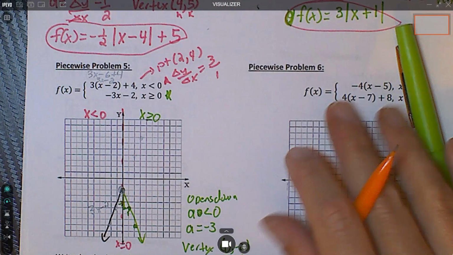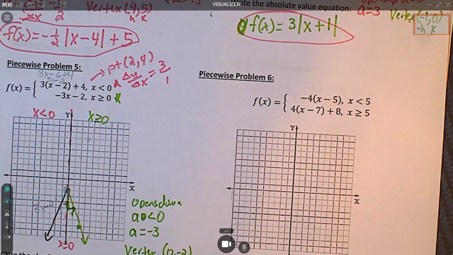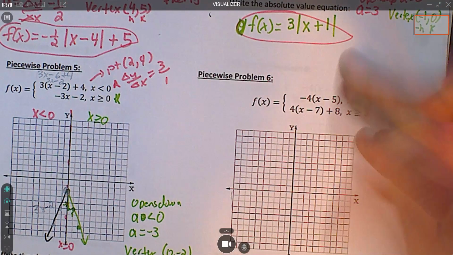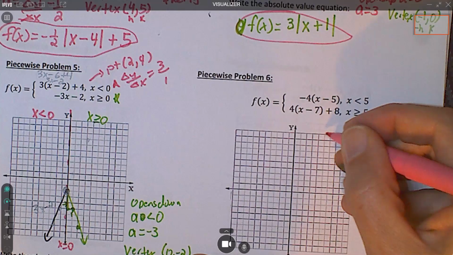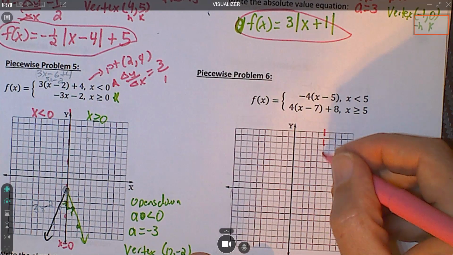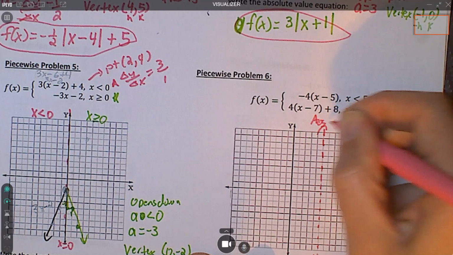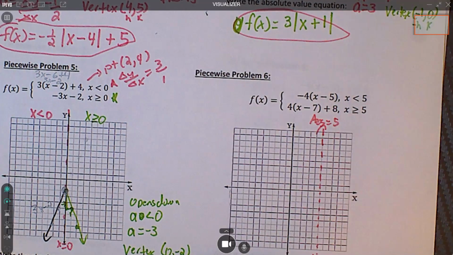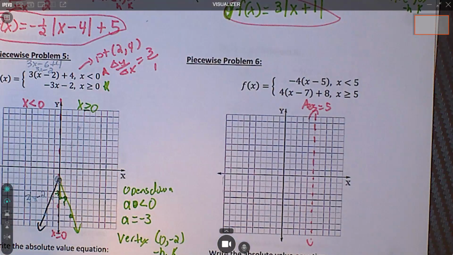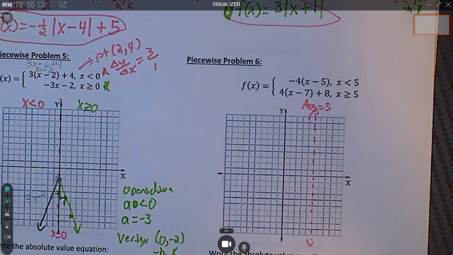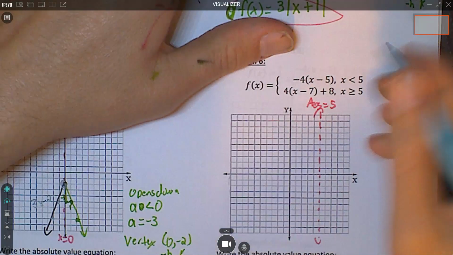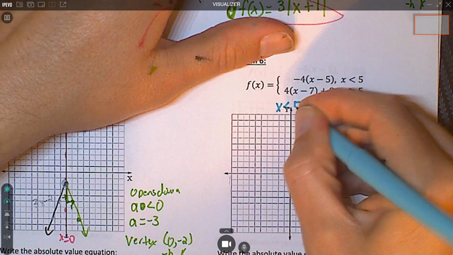Okay, so x is 5. This is the AOS. This is why AOS was important. See, that's when you gotta use point slope. Blue green. Okay, this side's gonna be x is less than 5.